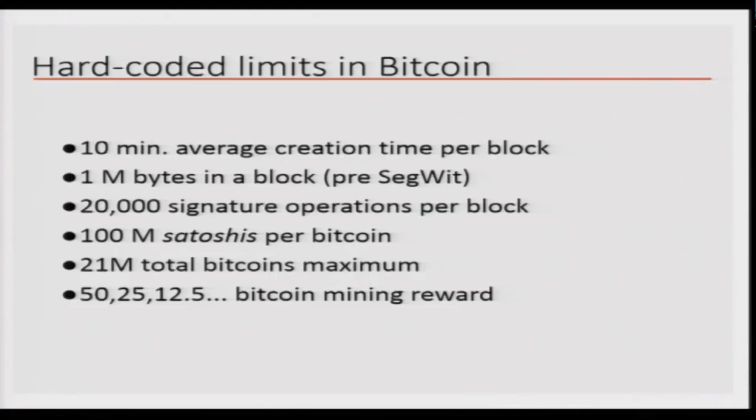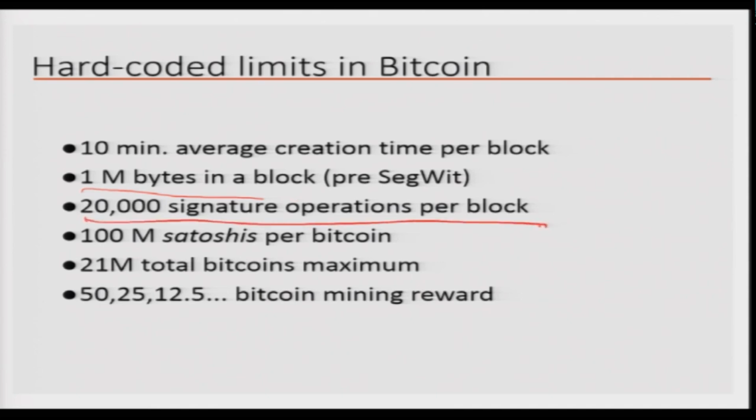We'll now finish by discussing very quickly the limitations and improvements. First of all, there are some hard-coded limits in Bitcoin: a 10-minute average creation time per block, and a 1 megabyte size for the block. There was a discussion on forking the blockchain to increase it to 2 megabytes, but as far as I know, it hasn't happened.